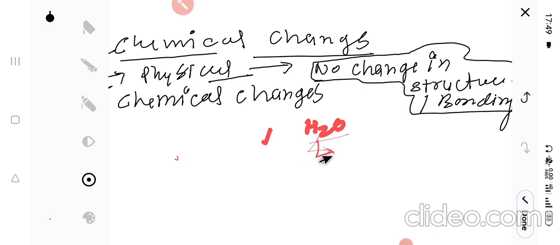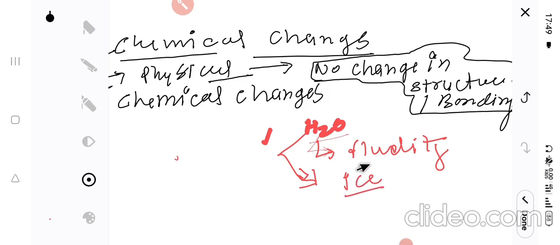But when water is stored at very low temperature, such as in a fridge, the water molecules go closer to each other and form a solid state called ice.